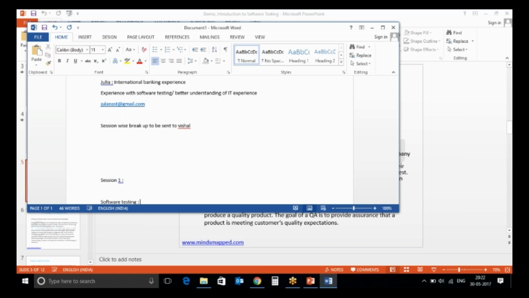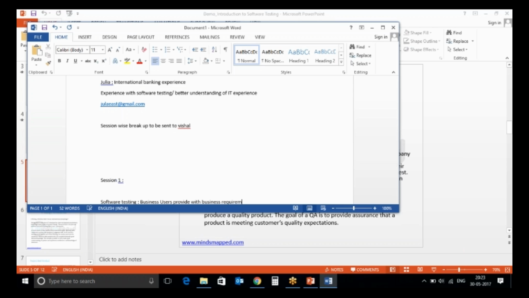The end result is a product, and that product can be an application, a website, or any tool. So you go to the business users and ask what their requirement is. So business users provide the business requirements.